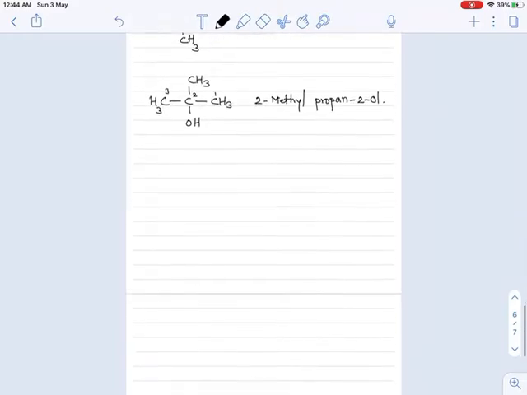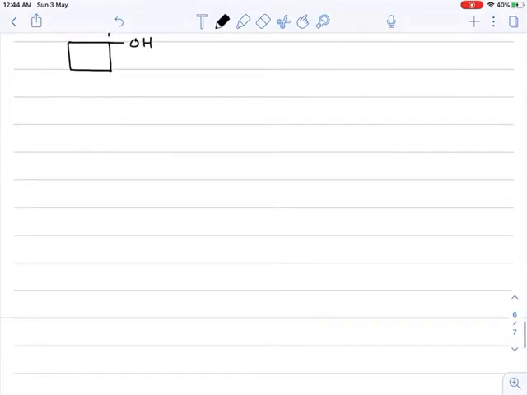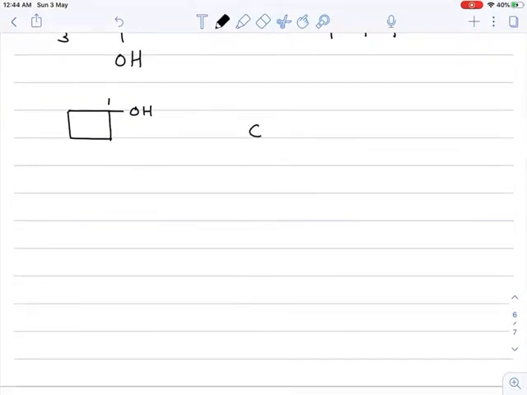If we take some cyclic alcohols, that is, if we take cyclobutane, this is cyclobutane, to which an OH group is attached. Always the carbon to which the OH group is attached is numbered 1. So how do we write its IUPAC name? This is cyclobutane to which the OH group is attached, so cyclobutane, E replaced by OL, so cyclobutanol.